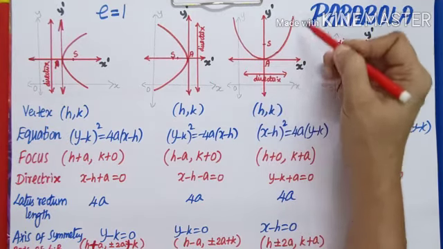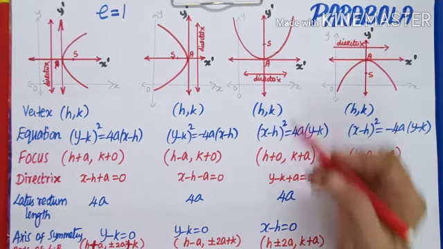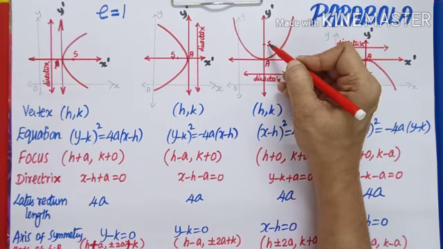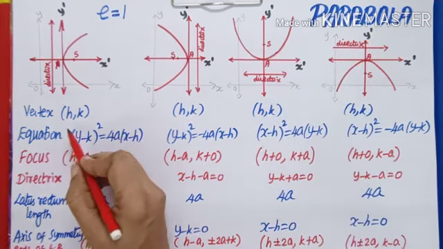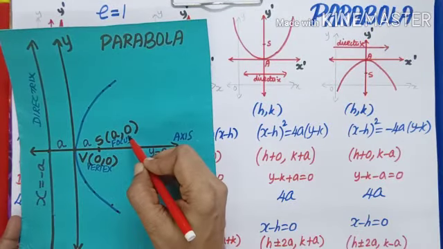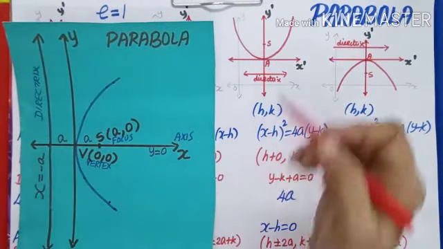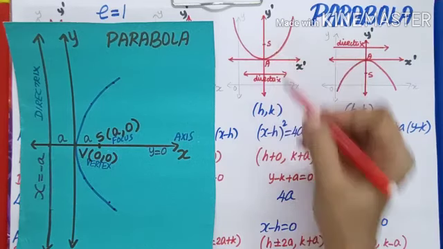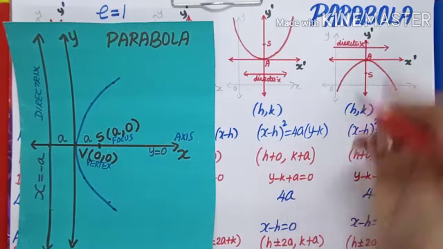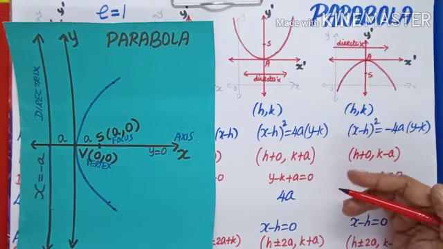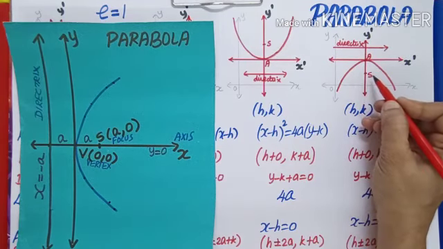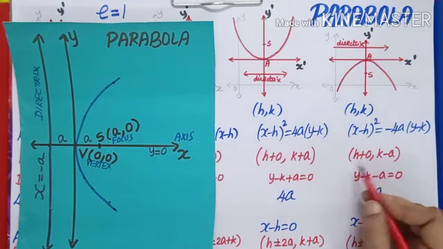And when it is opening up, now the focus is here. Here in the standard model it is a, 0, but it will be reversed. So 0, a, add with h, k. And when it is opening down, it is 0, minus a and add with h, k.